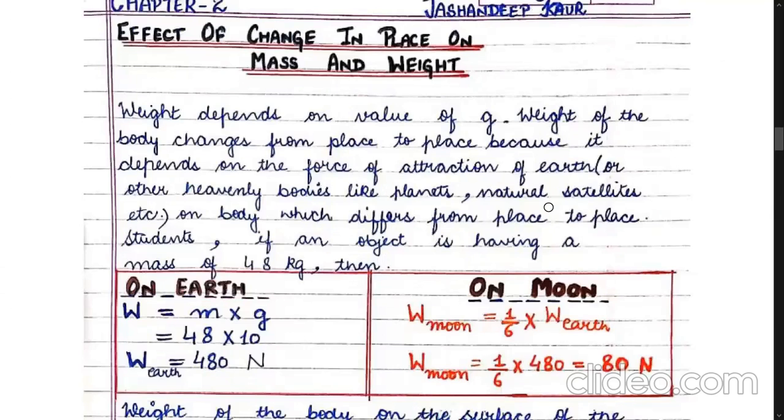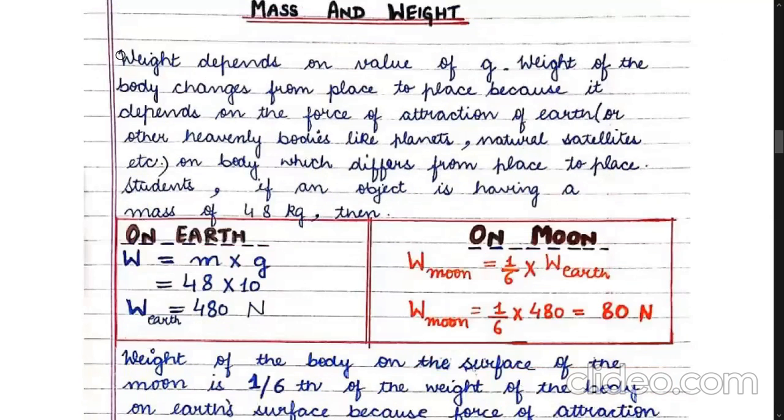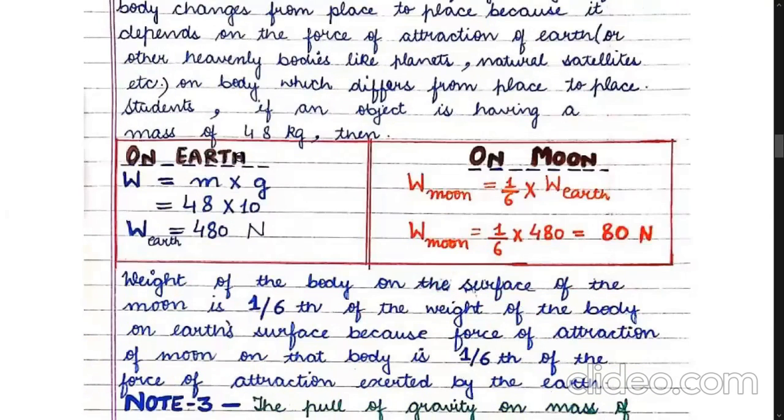Children, now let us study the effect of change in place on mass and weight. If you change the place, how do mass and weight change? By now we have studied that weight depends on the value of g and it changes from place to place. It happens because acceleration due to gravity changes from place to place, while mass remains the same.